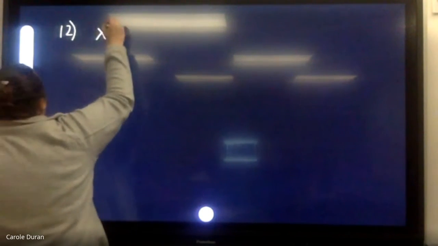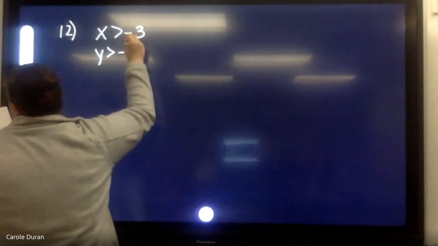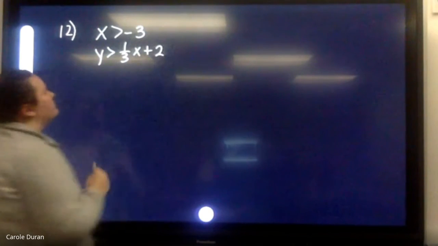So on this, I was given 2 inequalities. The first thing we need to do is get each of these in terms of y if it's not already there. The good news for me is both of these are already in that perfect form to go ahead and put on a graph.